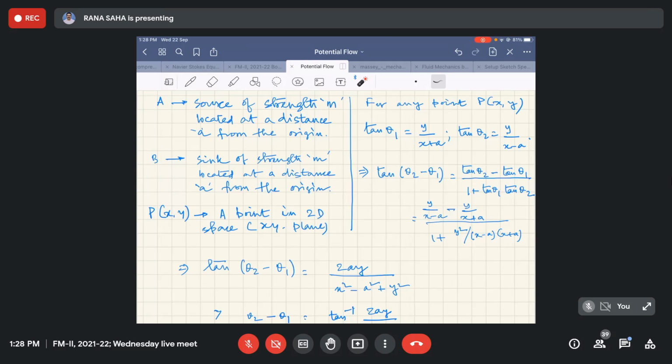It is not that velocity potentials cannot be dealt with in this combination flow pattern. One can also continue to find out the combined velocity potential as well. We have left it out, but you can try getting the expression of velocity potential.